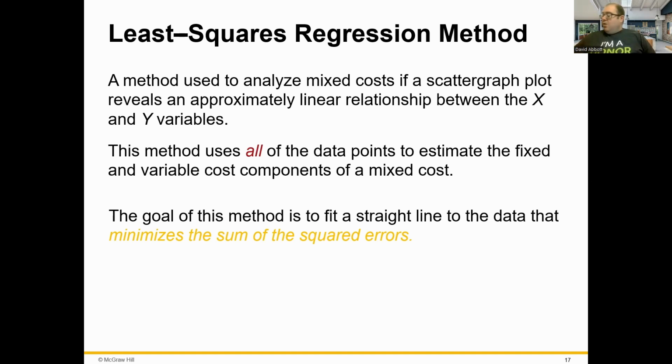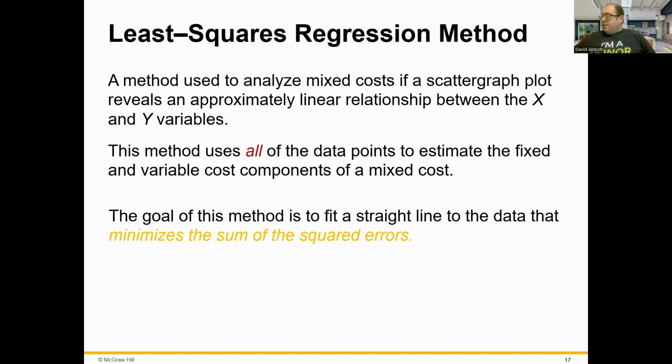The basic goal of this method is to fit a line to the data that minimizes the sum of the squared errors. The regression errors are the deviations from the plotted points to the regression line and are measured vertically on the graph. The formulas that are used for least squares regression are complex.